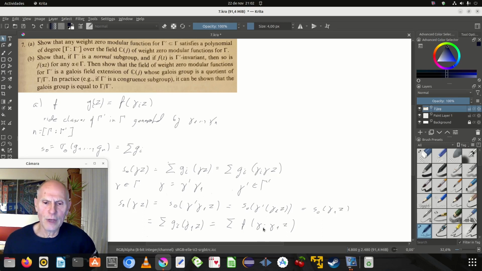So these are all in distinct side classes. I don't want to prove that. So that means that it's equal to the various side classes.